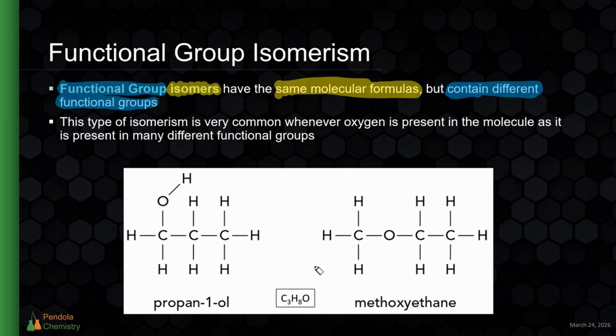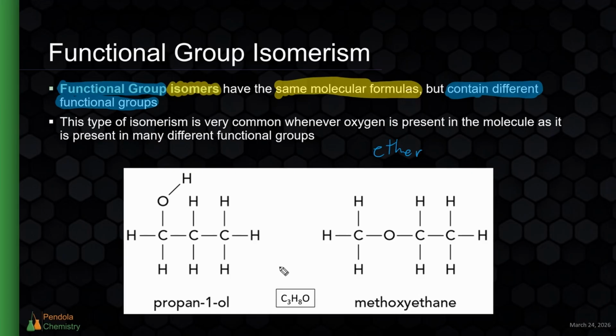This is primarily going to happen whenever oxygen is present in a molecule, because there are so many different functional groups that have oxygen. The ones that we've seen, esters, carboxylic acids, aldehydes, ketones, alcohols, all have oxygen in them. And then there are some that we didn't even look at, like this right here. This is called an ether. An ether might not be in your curriculum, but ethers are also a functional group with oxygen in them.